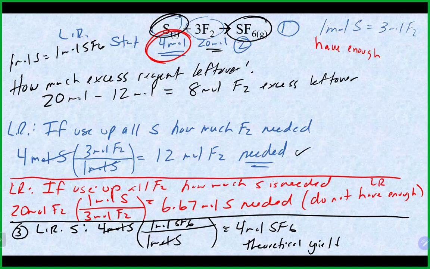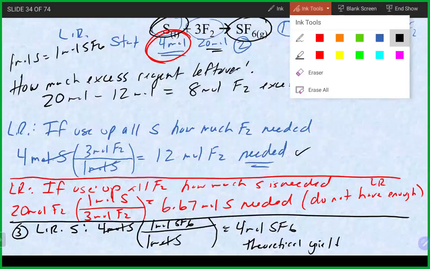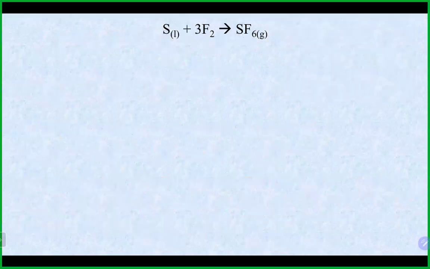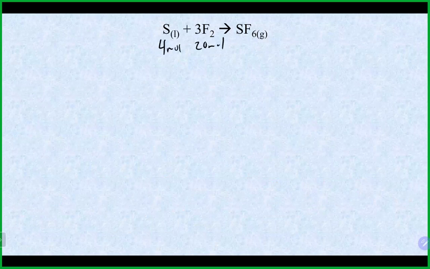So the other very common method to figure out limiting reagents is to do two different stoichiometry problems. We had 4 moles and 20 moles.